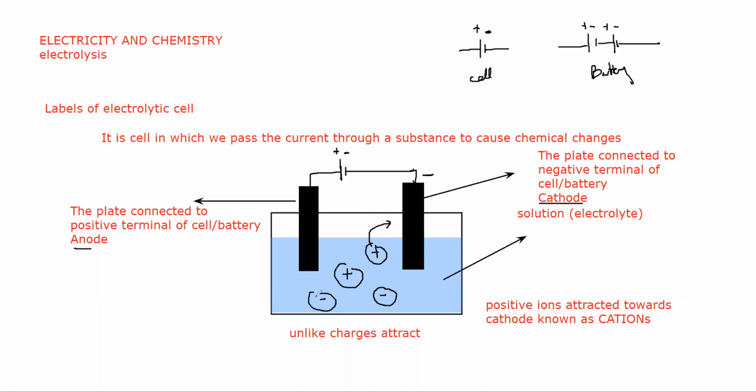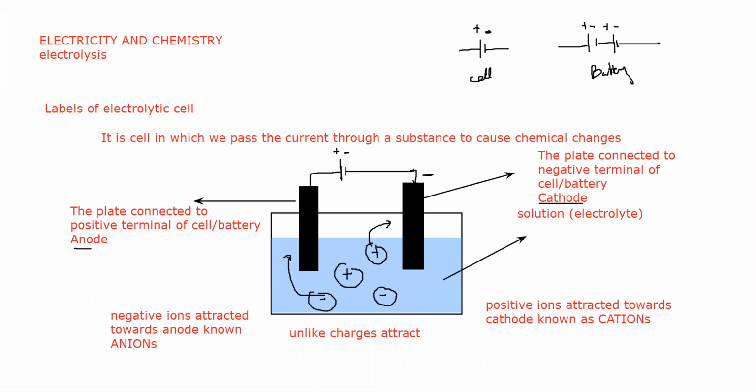Same thing, negative ions are attracted towards the positive plate or anode. So negative ions are attracted towards anode, and because they are attracted towards anode, we call them anions.